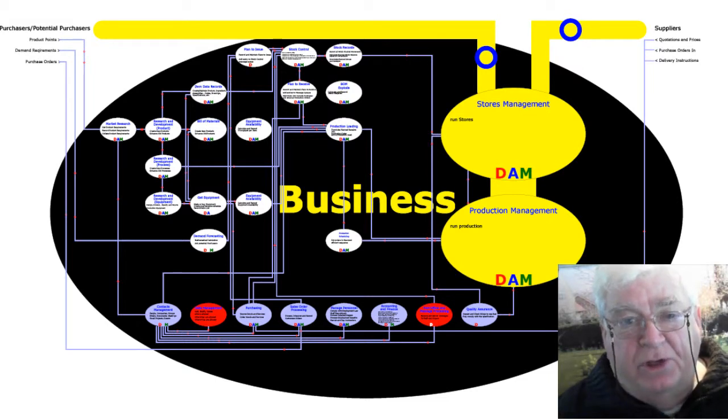The ovals I call functions, and the lines flowing between them are the data that flows from or in between each of the functions. And if you've actually looked, you'll see that the diagram shows data whizzing backwards and forwards between the functions.